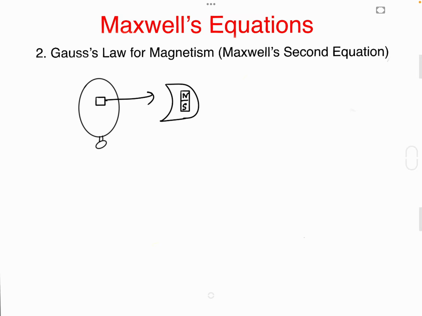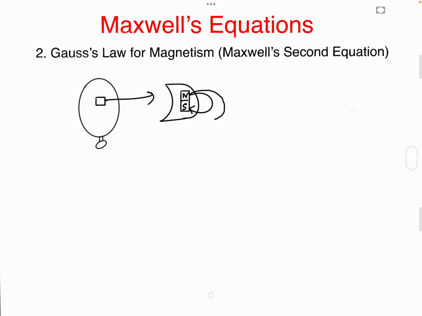What happens is, from the north side the magnetic field will leave and then turn back and get into the south side. Basically the field lines that go out on one side will curve back into the other, as shown in this figure.